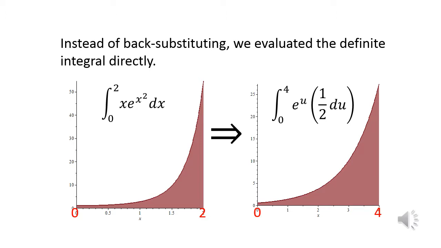Those two regions have a different shape, but because we were scrupulous about replacing everything in terms of u, they are guaranteed to have the same area. So, it is not necessary for us to back substitute. We can simply evaluate the new integral, and it is guaranteed to have the same value as the old.